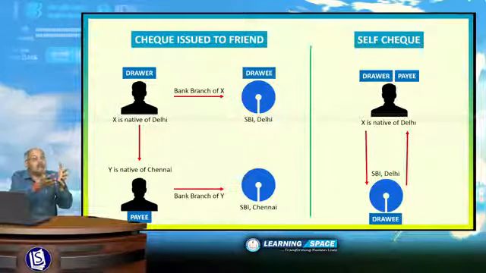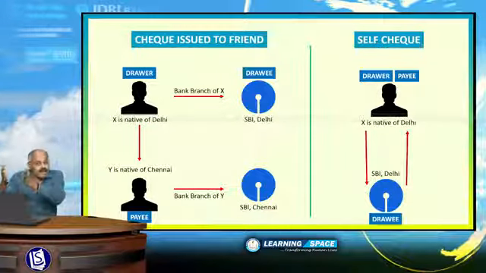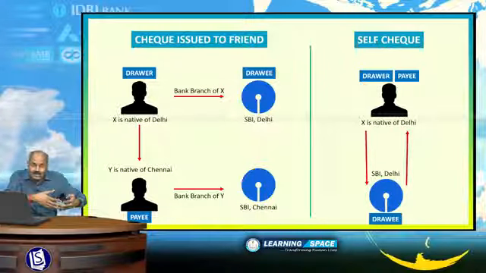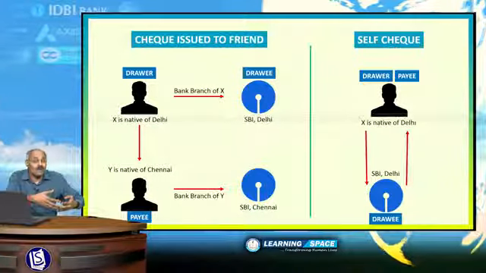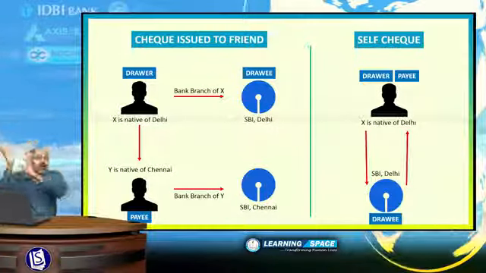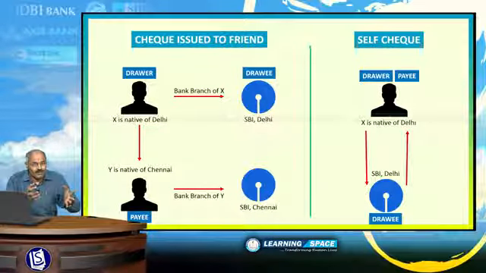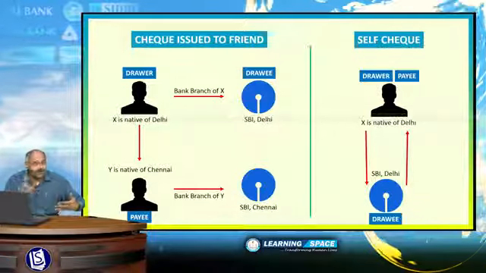Here X is the drawer, his branch SBI Delhi is the drawee branch and his friend Y in Chennai is the payee: drawer, drawee, payee, right. Do not confuse: the branch of SBI at Chennai is not the drawee branch.